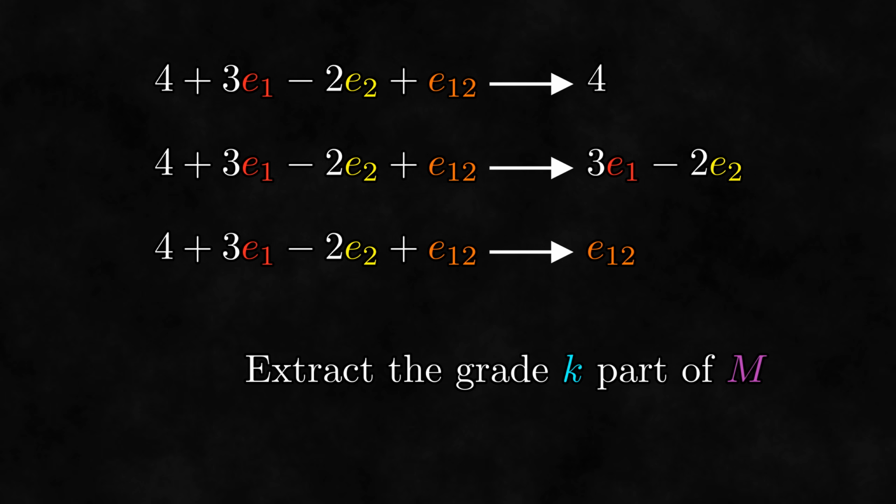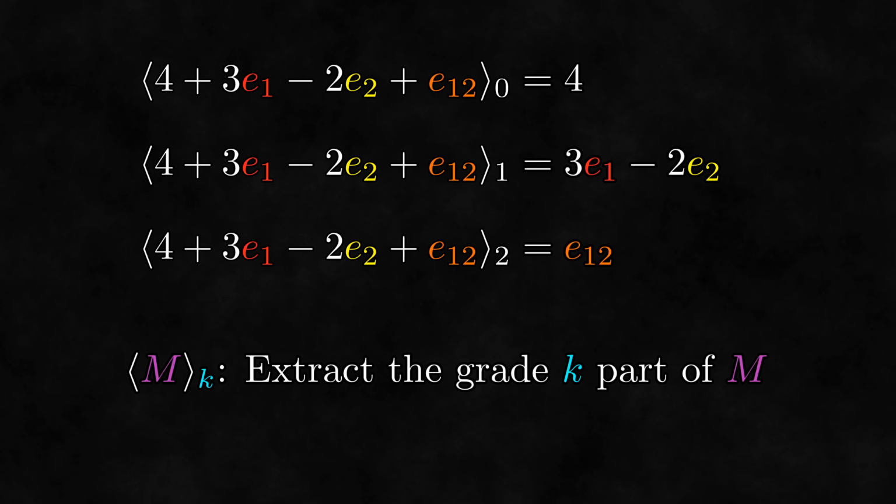The notation we use for this is these angle brackets around the multivector we are working with, with a subscript saying which grade we want to get. Using this notation, here is our original example of getting the scalar, vector, and bivector parts from a multivector. Also, when taking the grade 0 or scalar part, we often drop the 0. So if you see plain angle brackets around a multivector, it means to take the scalar part of that multivector.